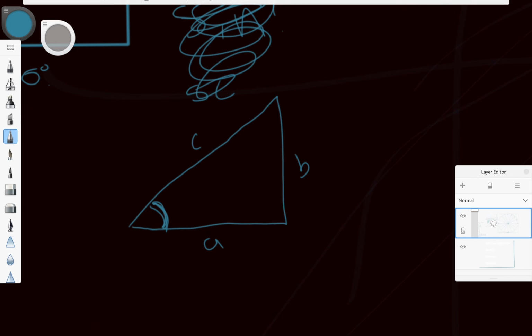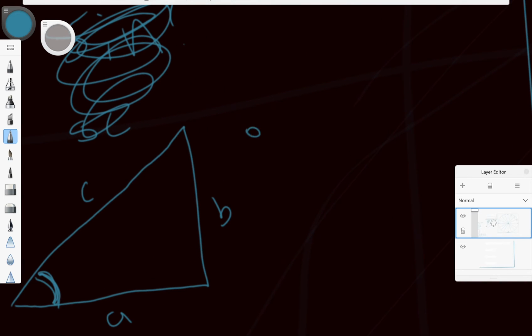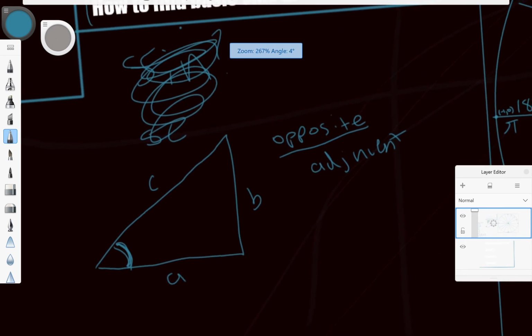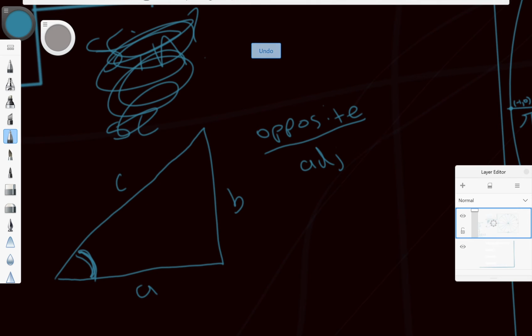So sine is going to be, let's write this, opposite over adjacent. No, not opposite over adjacent, opposite over hypotenuse.